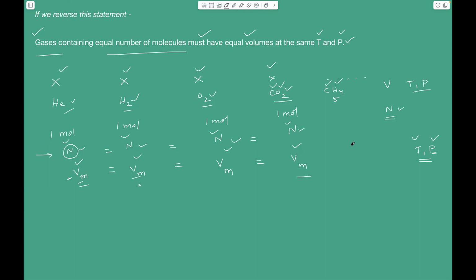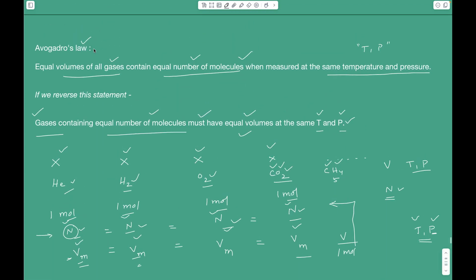Now let us get back to our molar volume. Molar volume is the volume per 1 mole of the substance, and 1 mole of any substance contains an Avogadro's number of particles. So if you take 1 mole of different gases, they all contain the same number of molecules, and if they all have the same number of molecules, they all must have the same volume when measured at the same temperature and pressure, according to Avogadro's law.